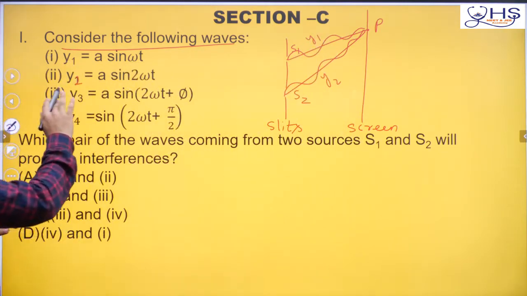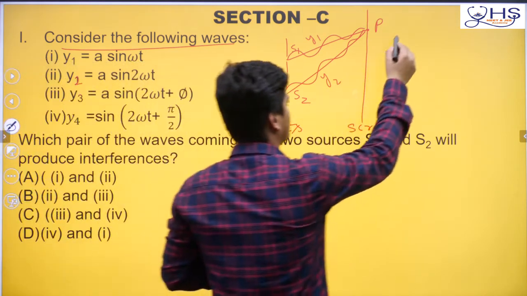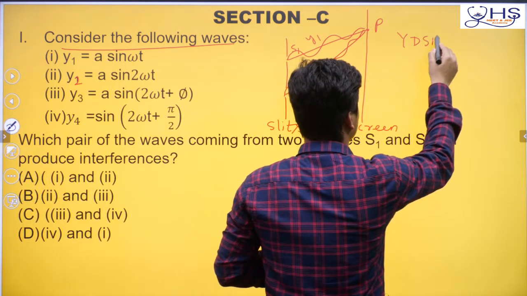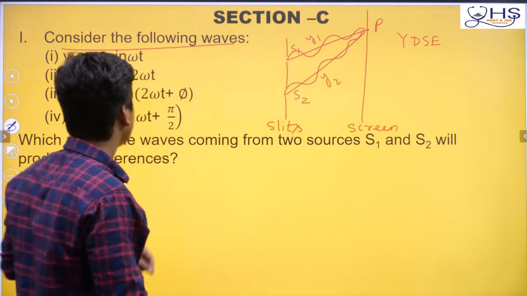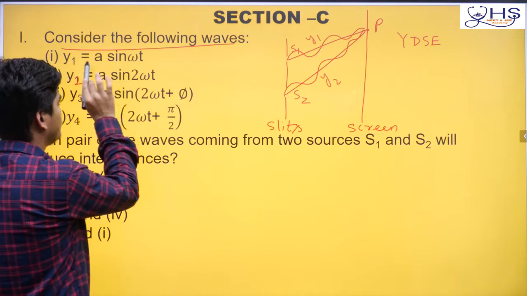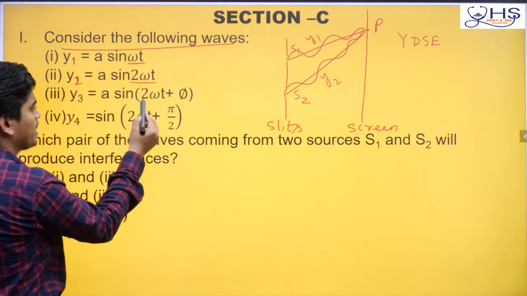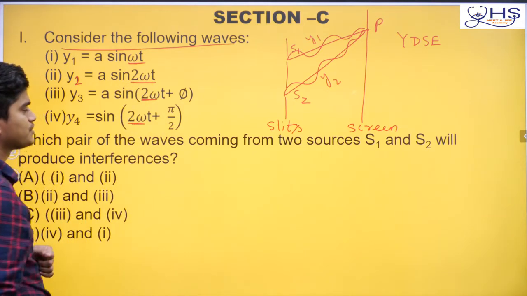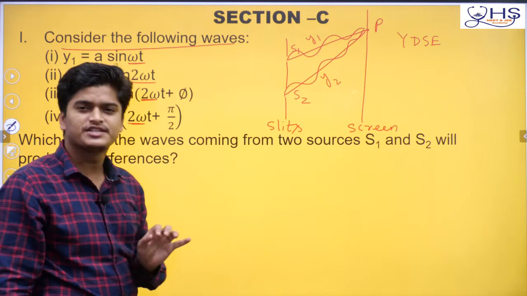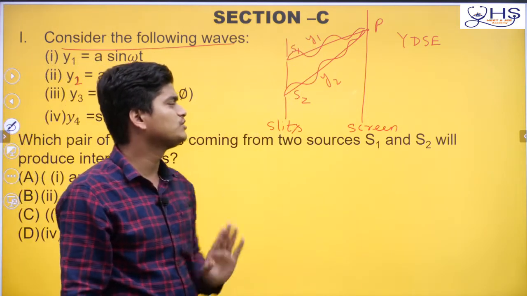They are asking which pair will give an interference pattern. Remember, in the YDS experiment, whatever waves we take are coherent waves, and their frequency will be the same. In the wave equation, you will see omega t, here 2 omega t, and the coefficient of t is the angular frequency. So you need to check whether the frequency is the same for both waves y1 and y2.